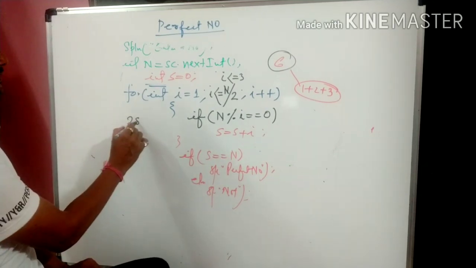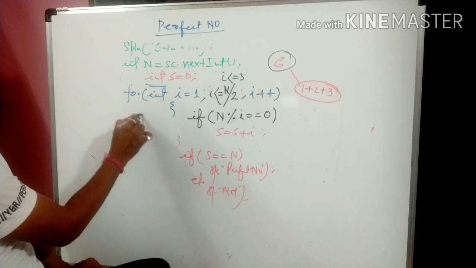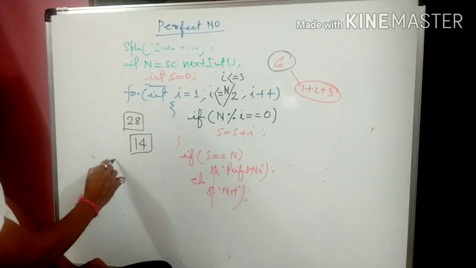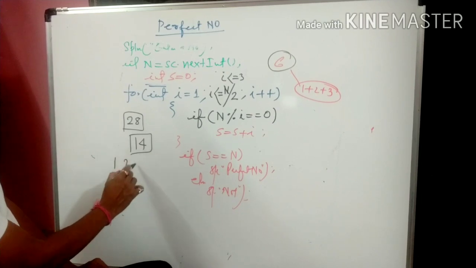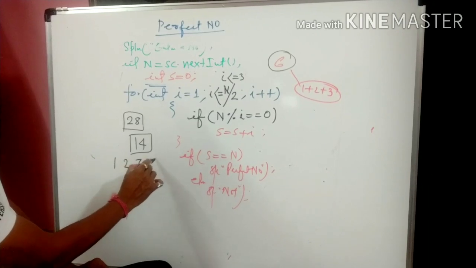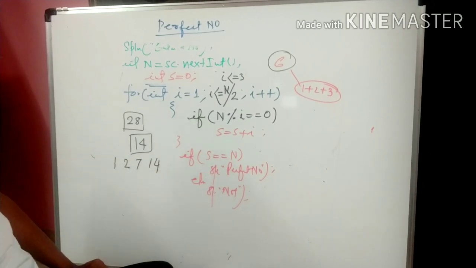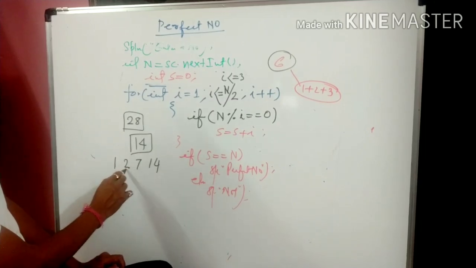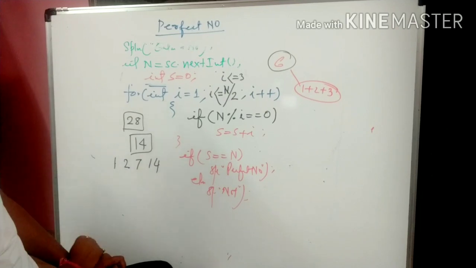Suppose 28 is there, 28 by 2, what does that mean? It will execute up to 14 times. So 14 is divisible by 1, 2, 7 and 14. When you add, 21, 22, 23, 24, no, something is missing here. 14 is divisible by 1, 2.